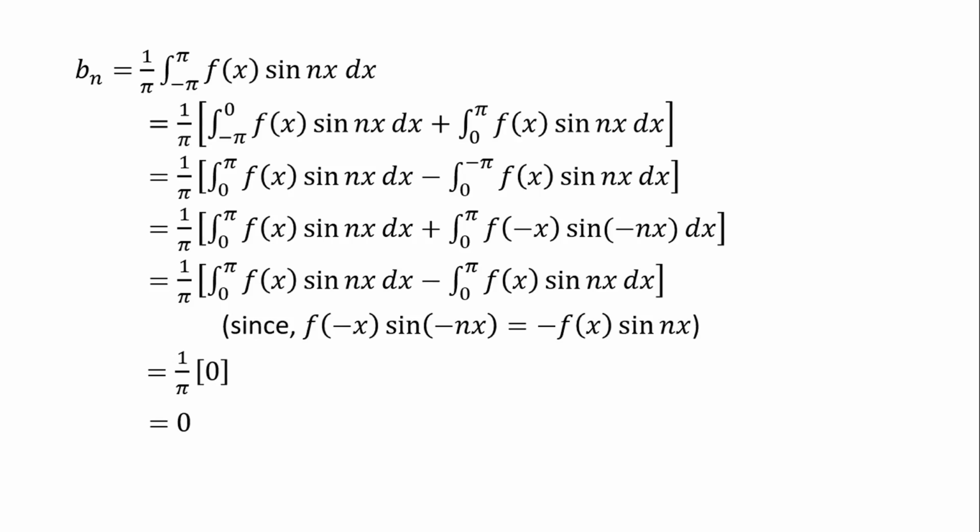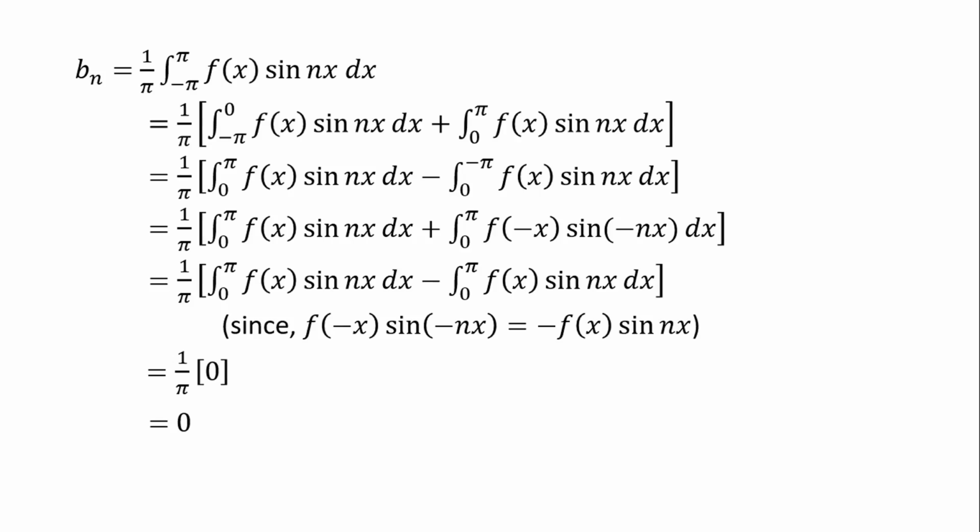Then x is changed to minus x for the second term, and in this way it becomes integration 0 to pi. So the upper limit changes from minus pi to plus pi and the integral becomes positive.